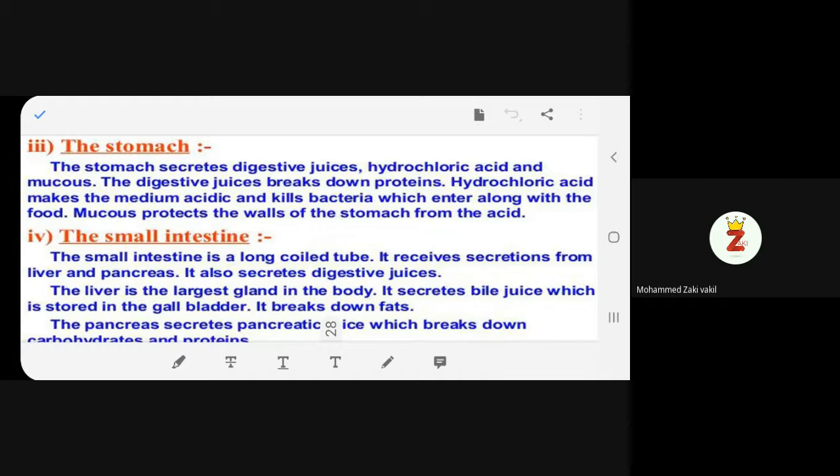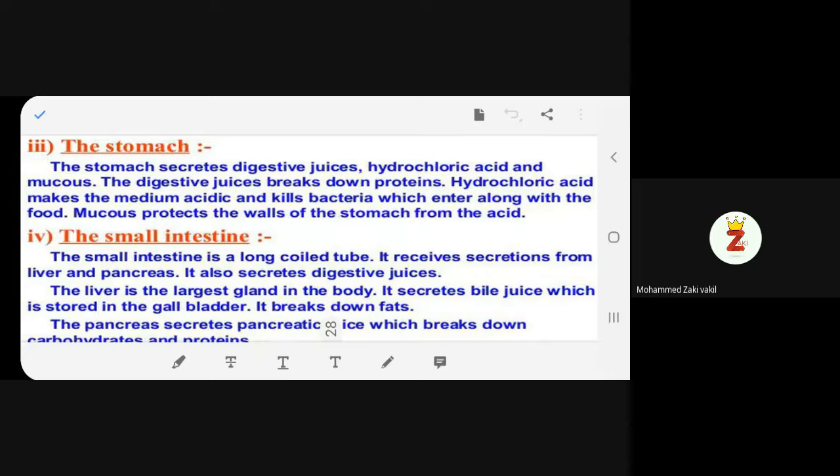The digestive juices break down protein. Hydrochloric acid makes the medium acidic and kills bacteria which enter along with the food. Mucus protects the wall of the stomach from the acid.